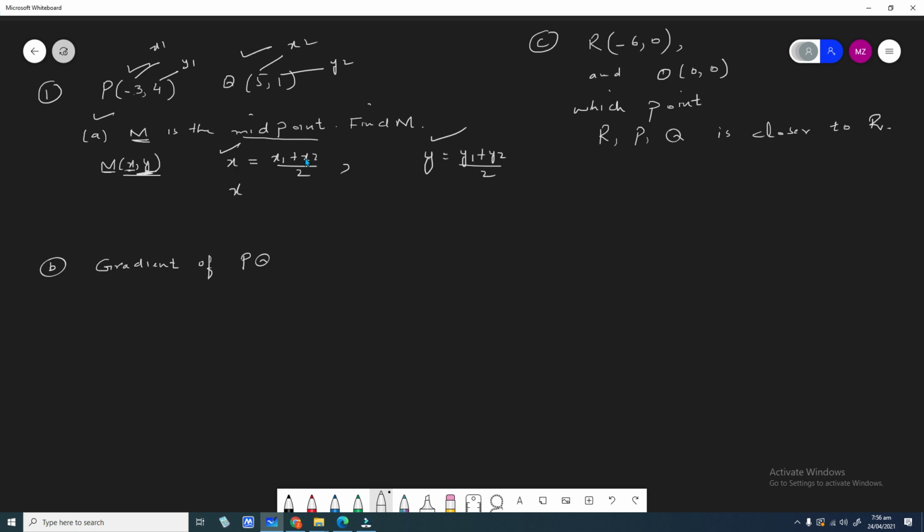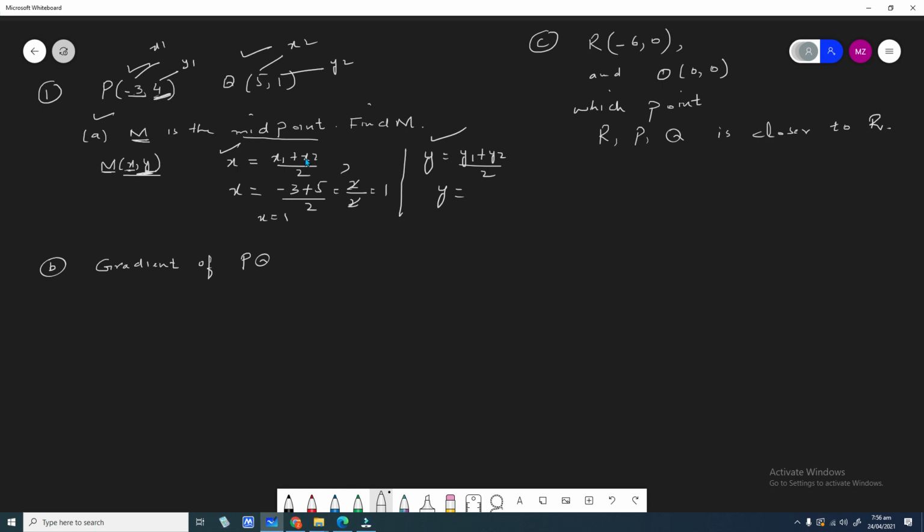So x is equal to x1, the value of x1 is -3, plus x2, the value of x2 is 5, divided by 2, and this becomes 2 over 2, which is equal to 1. So x is equal to 1. Similarly, y is equal to (y1 plus y2) over 2.